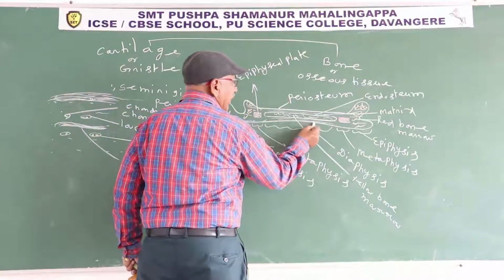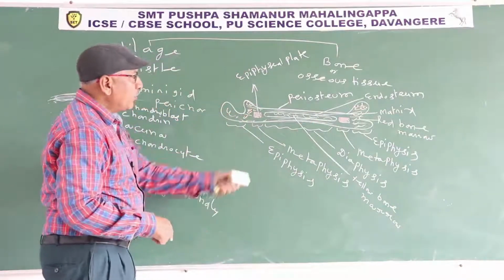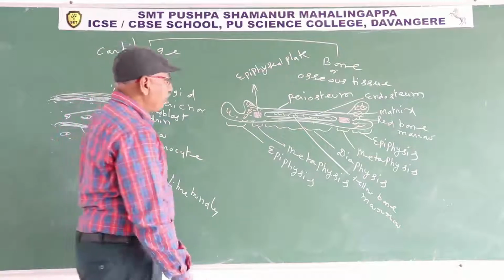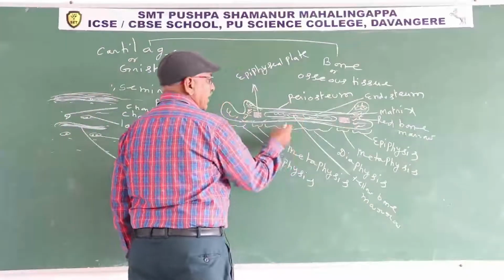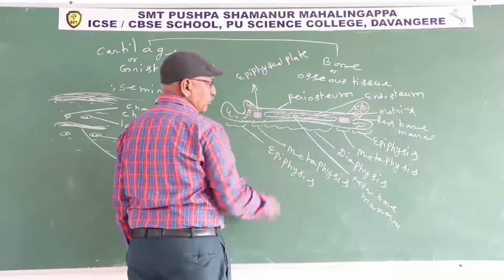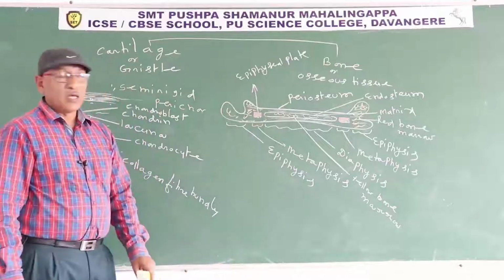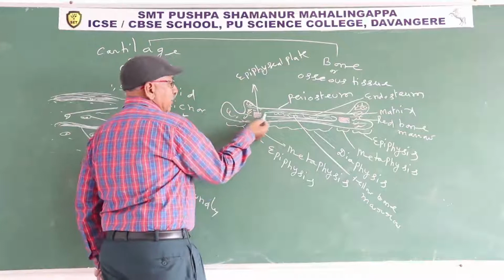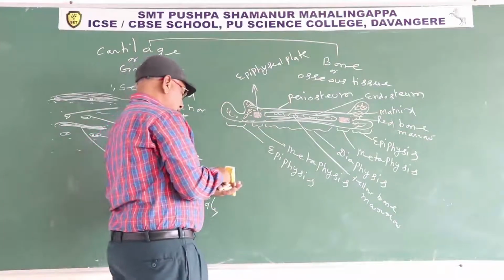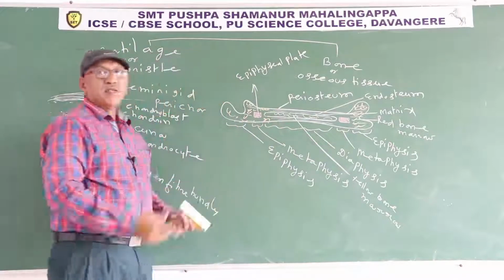The cavity encircled by endosteum is known as bone marrow cavity or marrow cavity. Marrow cavity contains yellow bone marrow. Red bone marrow is present in epiphysis and metaphysis.